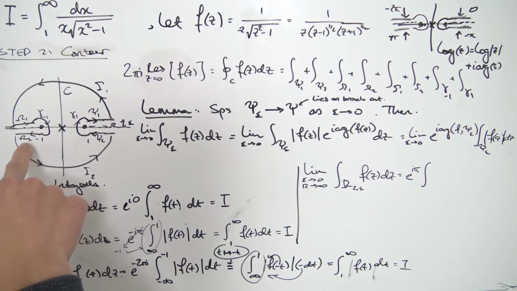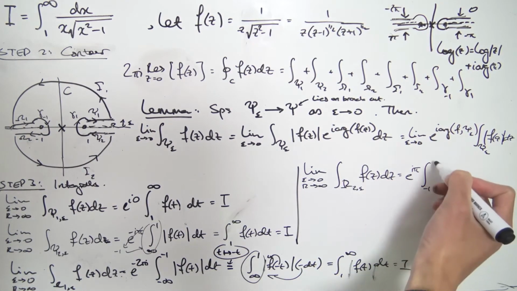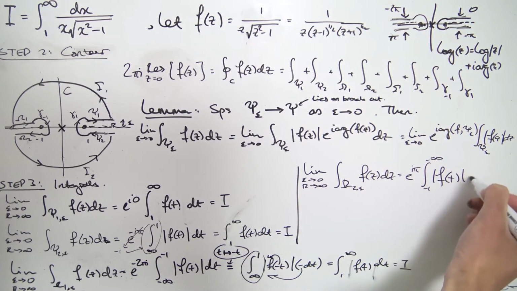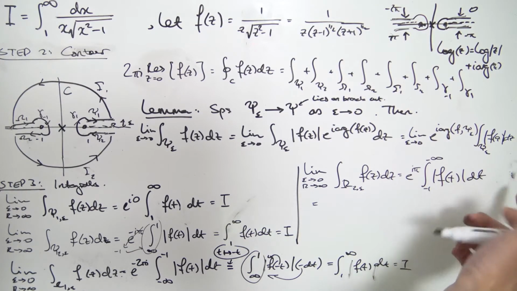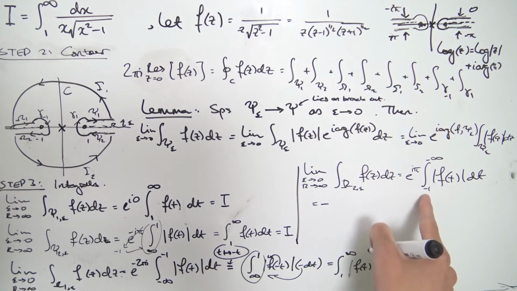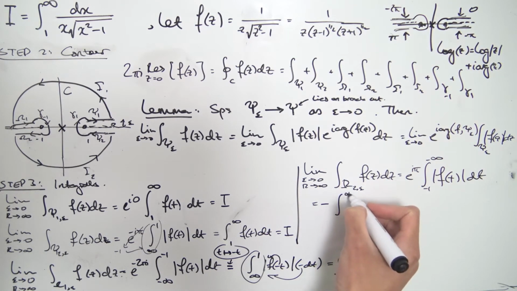Now, omega 2, it's going to go from minus 1 to minus infinity. So minus 1 to minus infinity of absolute value of f of t dt. So again, we're going to map t to minus t. This e to the I pi, that's minus the integrals. The bounds are going to pick up a minus sign, so this is 1 to infinity.